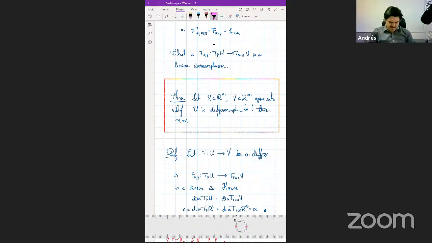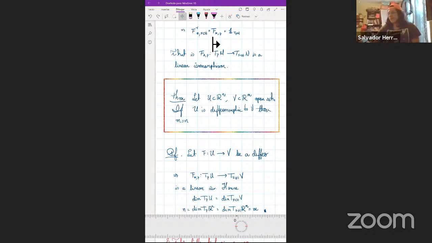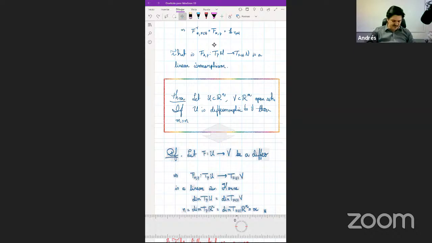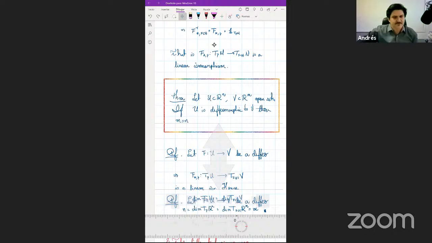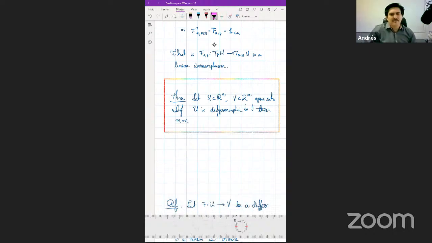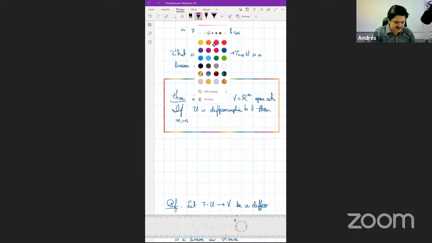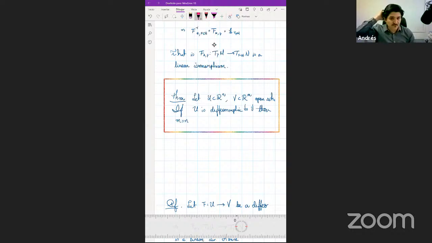Okay, now that we have proved this, let me also give you the sketch of another proof.